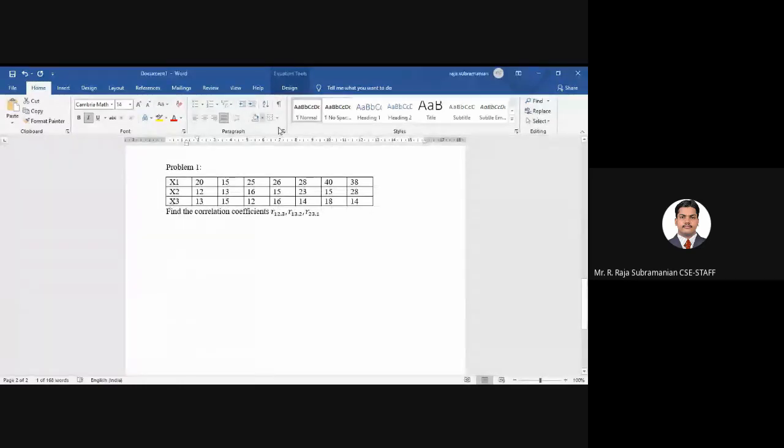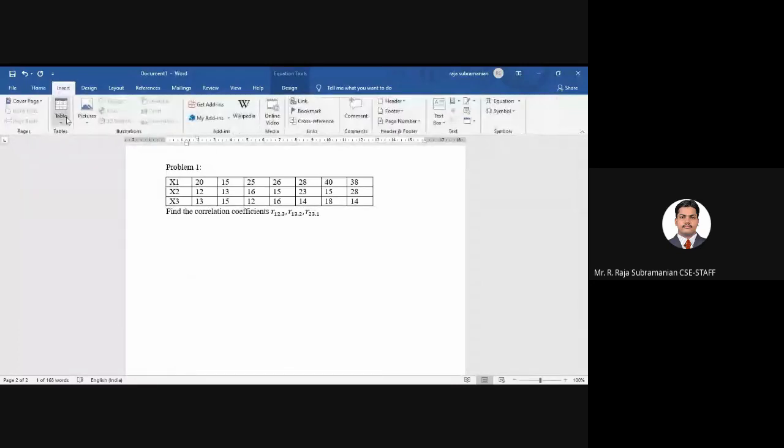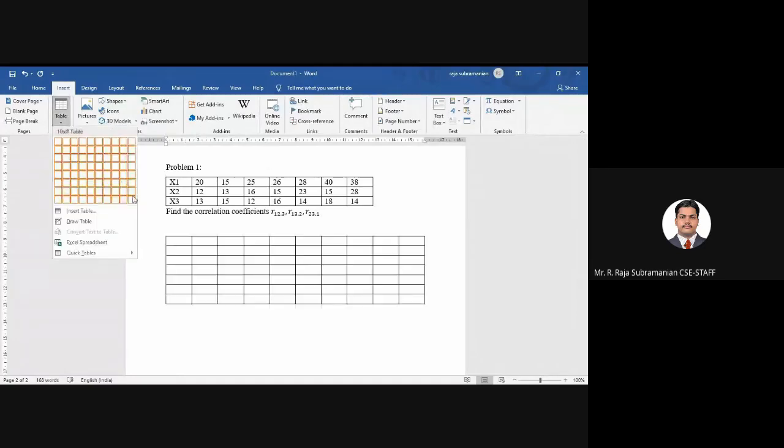Let's insert a table with columns x1, x2, x3, x1 squared, x2 squared, x3 squared, x1x2, x2x3, x1x3. So this many numbers are needed.